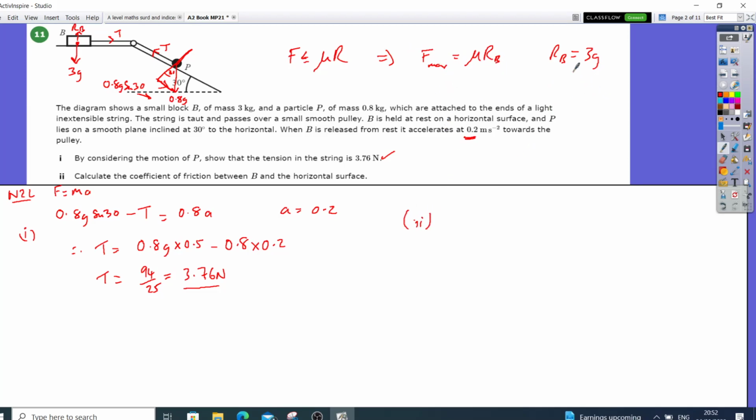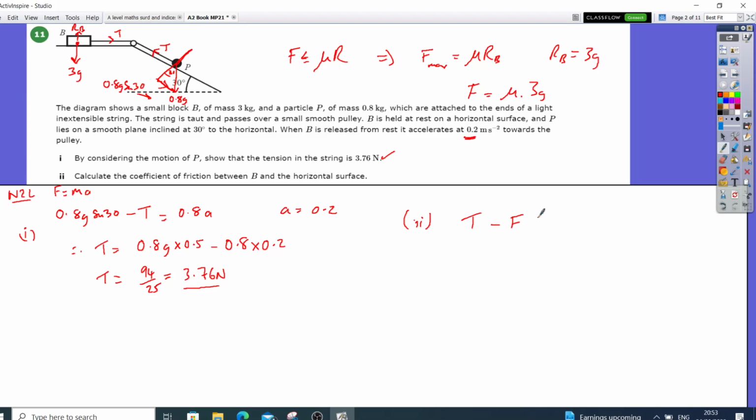So friction, when it's at its maximum, is going to be mu times 3g. We have this tension, which we've already worked out, pulling B, and what's opposing it is friction.